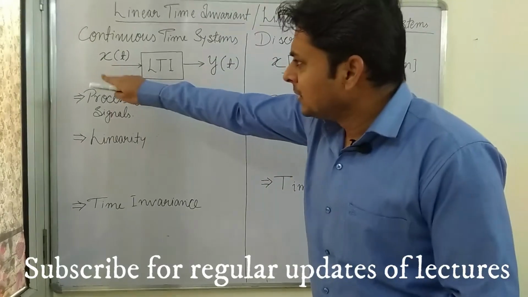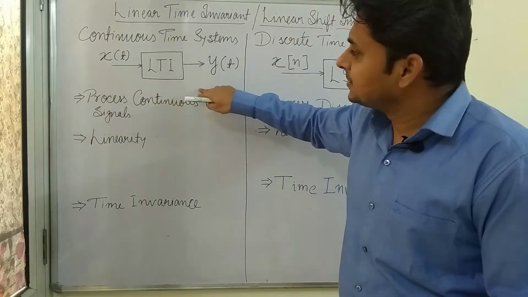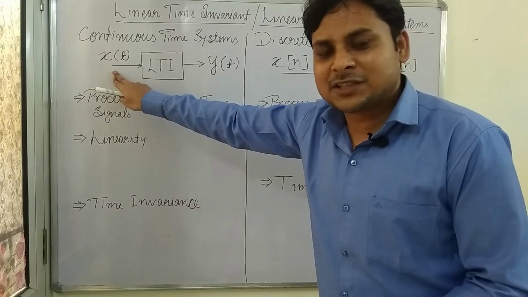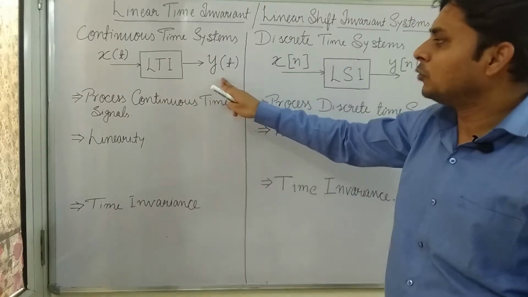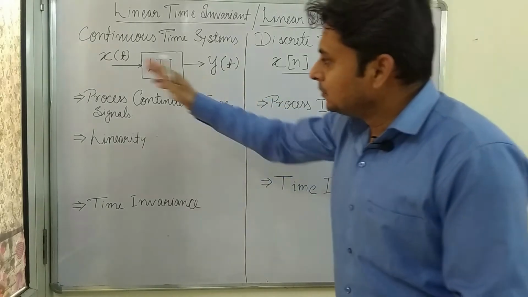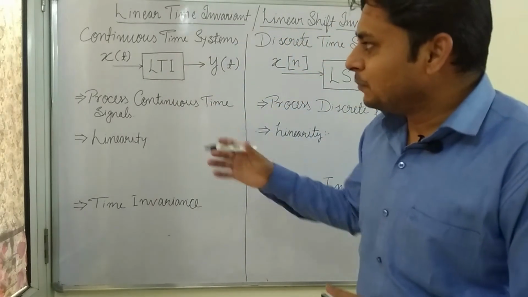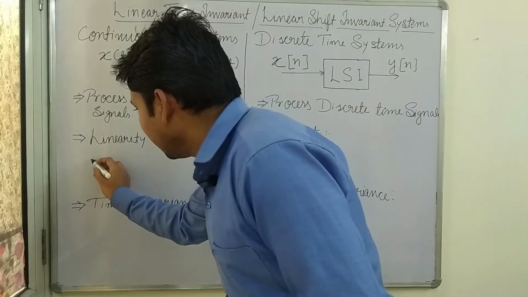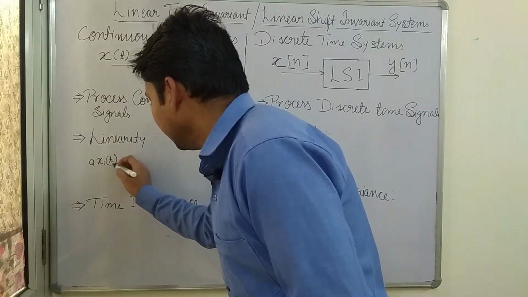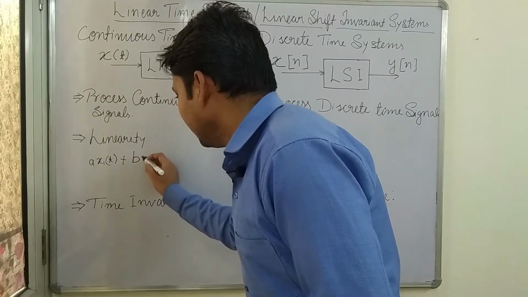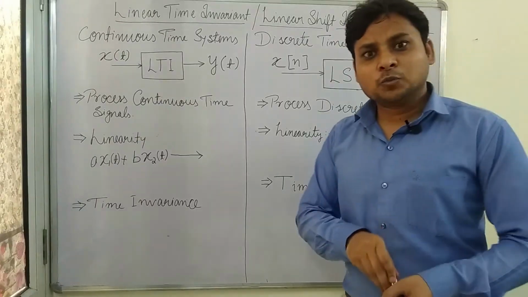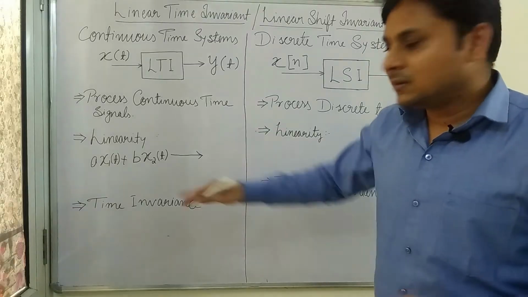Suppose there is a continuous time system, and I am giving input x(t), and corresponding to this x(t) I am getting an output y(t). But if I put the input signal like this, a x1(t) plus b x2(t), what will be the output corresponding to this input?